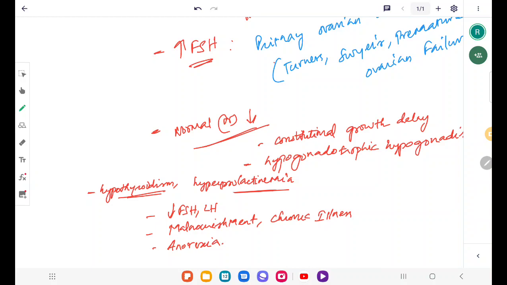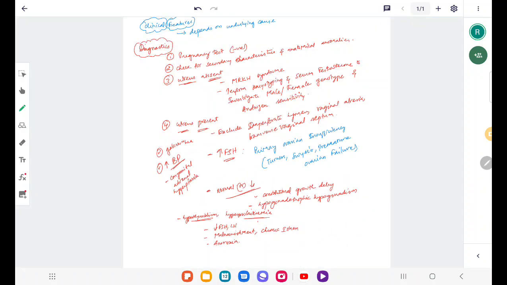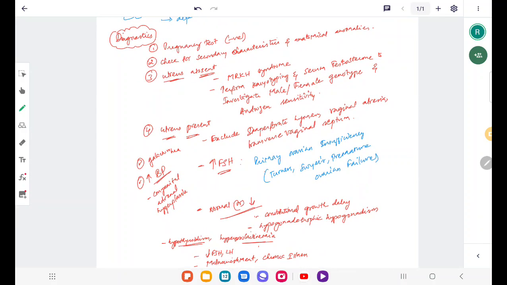And also we got to rule out galactorrhea, check if the patient has galactorrhea, and increased blood pressure shows congenital adrenal hyperplasia. So these are the possible diagnostics we can use to evaluate the presence of primary amenorrhea.